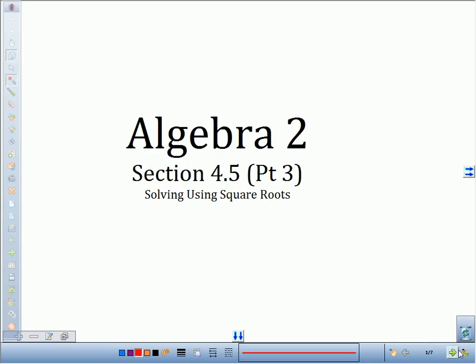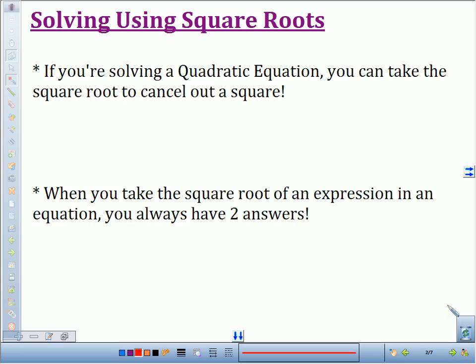Now, when would we use a square root? Well, if you're solving a quadratic equation, that is an equation that has an x squared term of some kind, you can take the square root of an expression to cancel out that square.